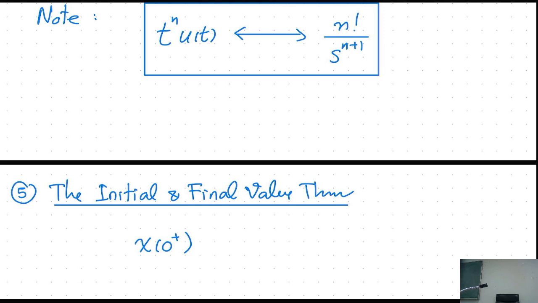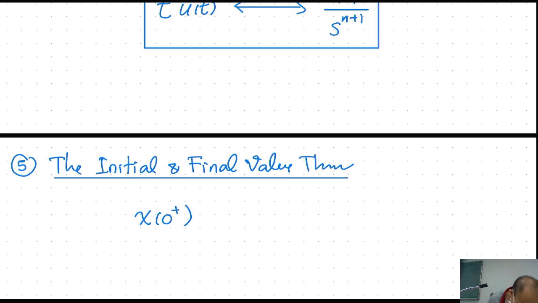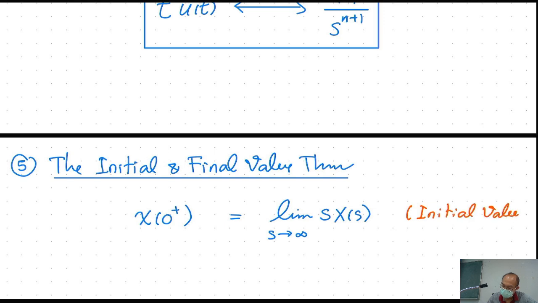The value of x(t) just after time 0 we can find using X(s), and that is the limit as s goes to infinity of sX(s). This is the initial value.